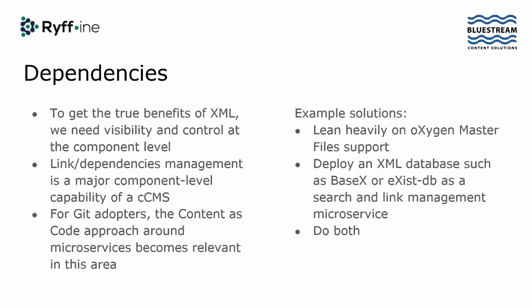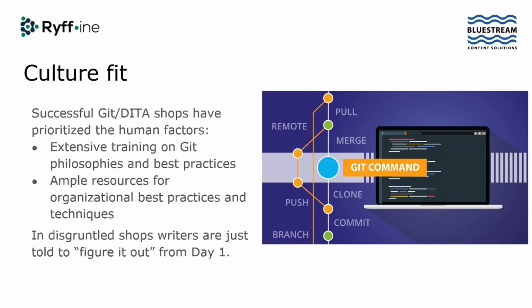That has its limits, but I think it's a good first thing to put in place. And then if you add these microservices around automated and scaled link management, I think you can win in this area. But that is a huge area of concern when it comes to the Git adopters.